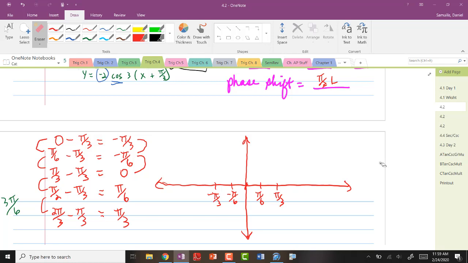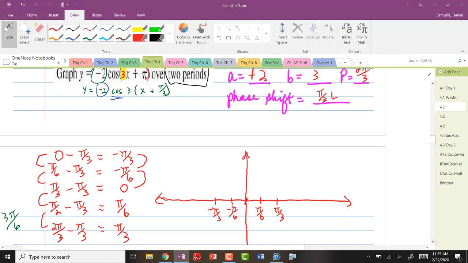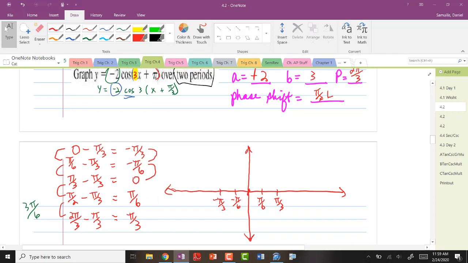All right, let's get this graph done. It's cosine, but it's flipped, and the amplitude is 2. I'm just going to go real high up here. It doesn't matter about scaling. Just try to make these distances about the same. 2 and negative 2. Where do I start at negative pi over 3? High, 0, or low point? It's low because of the reflection.